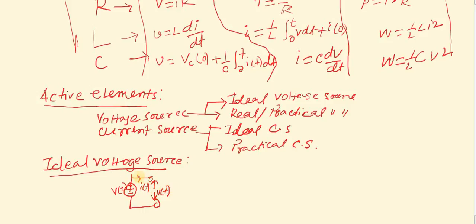The VI characteristics of this ideal voltage source would be like this: this is the current, and in the vertical direction is the voltage. So voltage is constant over any value of current. This is the VI characteristic of an ideal voltage source.